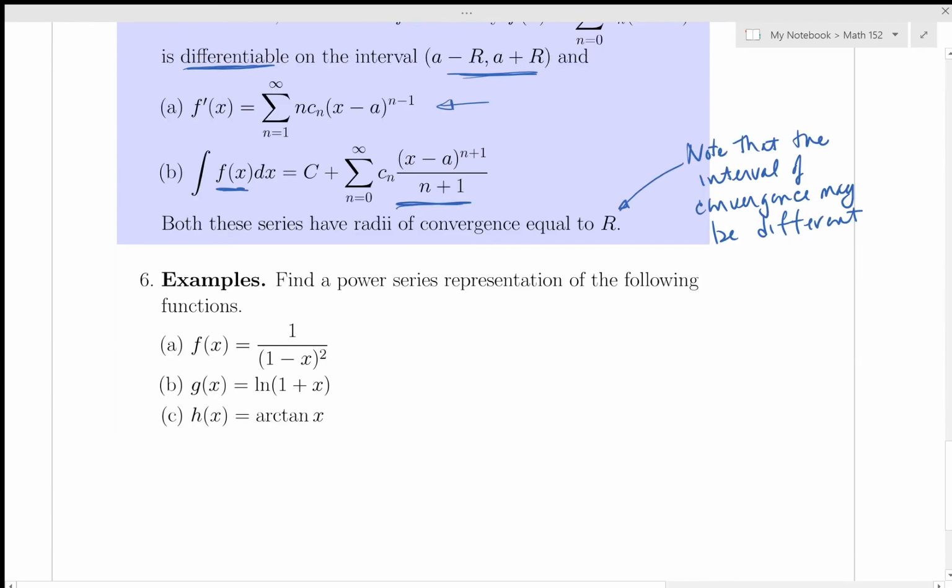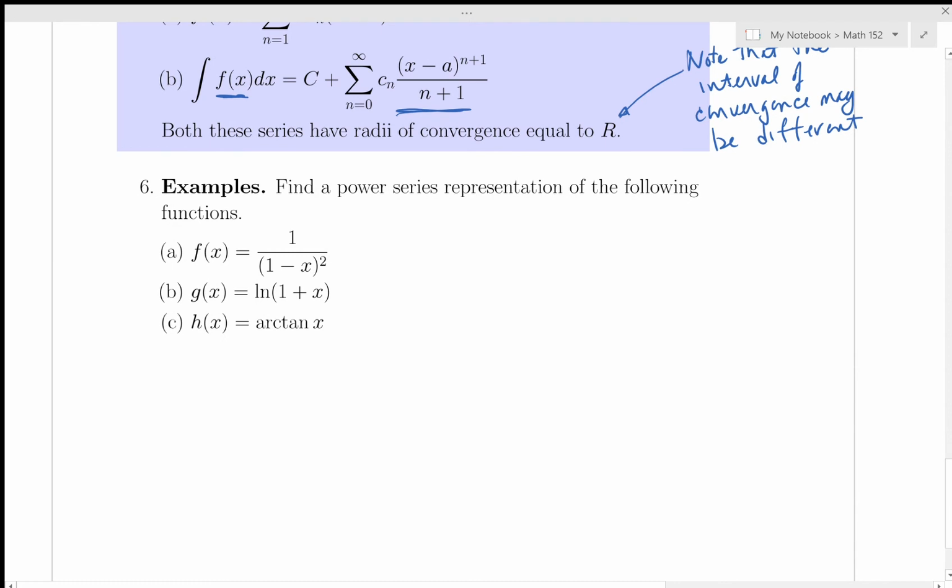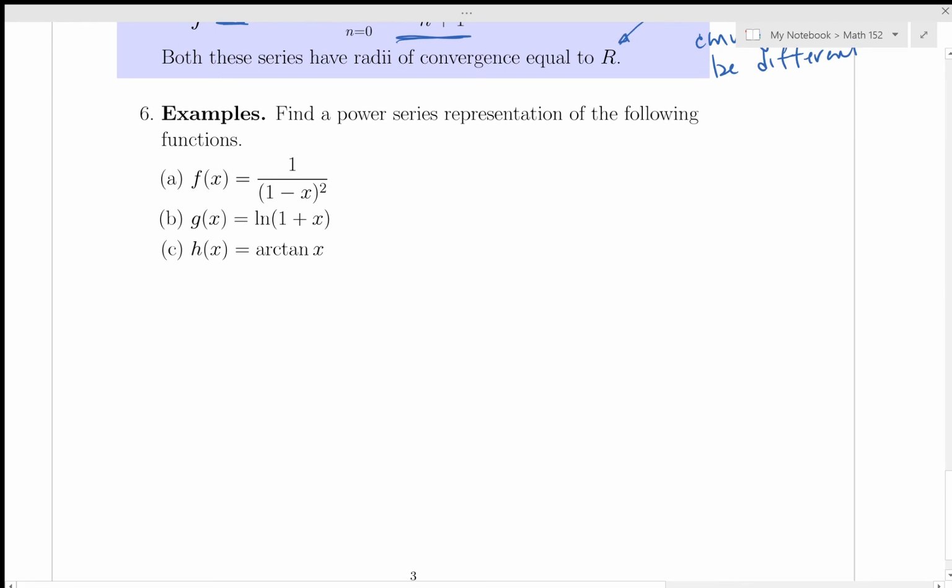Okay, so let's use this and see how we can be clever about finding the power series representation of the following functions. So we'll start with f of x. We get told that f of x is this function here, and we want to know what the power series representation of that function is. So you look long and hard at this, and then you think to yourself, oh, hang on, it occurs to me that the derivative with respect to x of 1 over 1 minus x is 1 over 1 minus x squared.